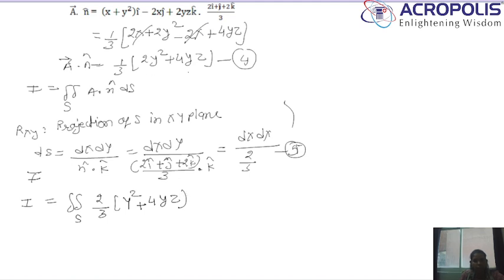This is A dot n cap, and ds is nothing but dx dy upon 2 by 3. So this will be cancelled out.